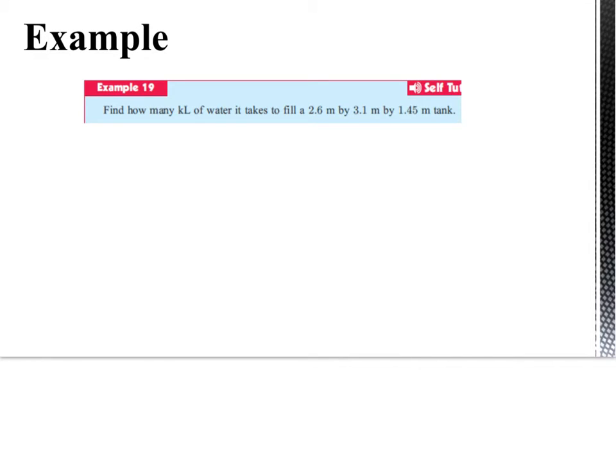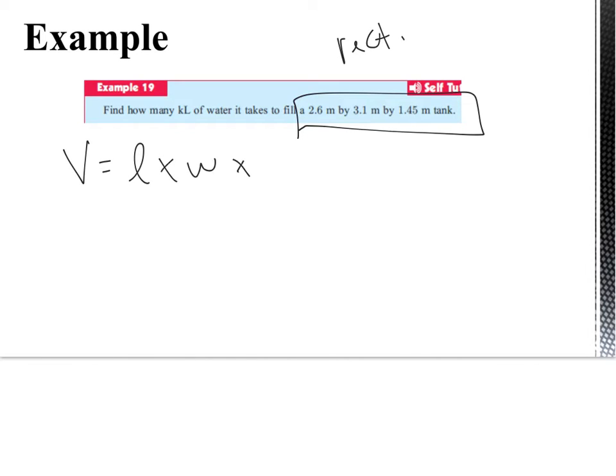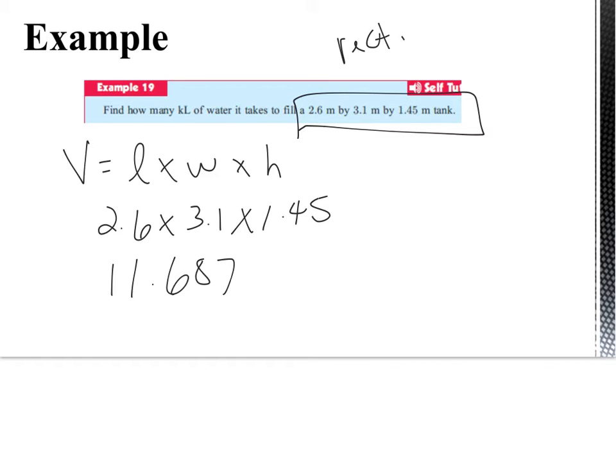Then it says find out how many kiloliters of water it takes to fill a 2.6 meter by 3.1 meter by 1.5 meter tank. So this is a rectangular prism. The first thing we need to do is find volume, and we find volume by doing length times width times height. So 2.6 times 3.1 times 1.45, and we get 11.687, and it's meters cubed.